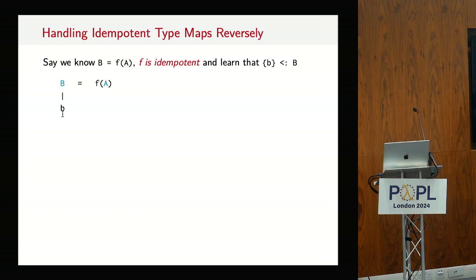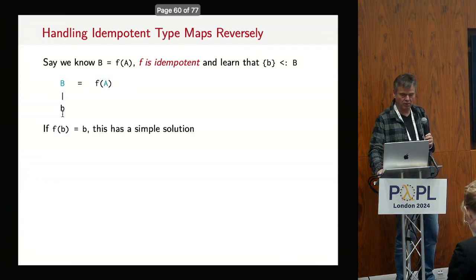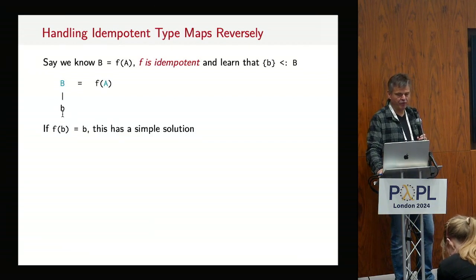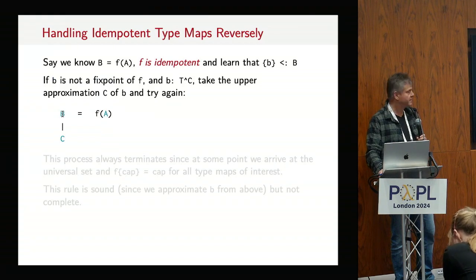So we get a subtyping constraint, and we have to find an assignment of elements to all these capture sets that makes that true. So we have to find some things in A so that this relation can hold. If f of b is b, that has a simple solution, it's just b. But if it doesn't, then there's a problem.